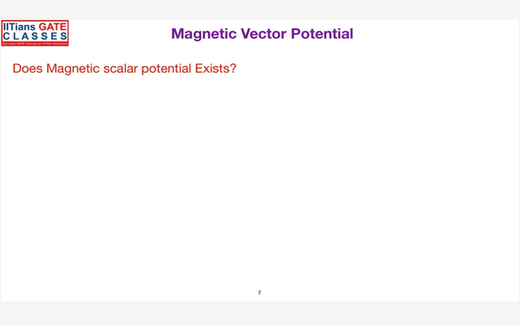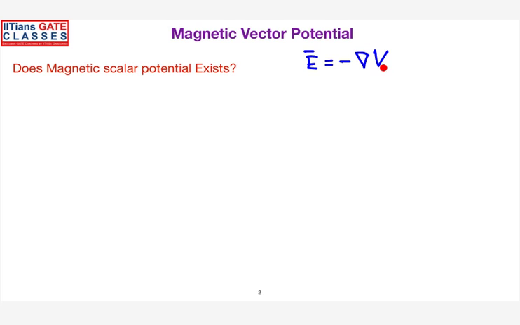So first of all, we'll see magnetic potential. So the point here, why I was calling it a magnetic vector potential. Does it mean the magnetic scalar potential? If we see the electrostatics part, we have defined the electric field as the negative gradient of potential.